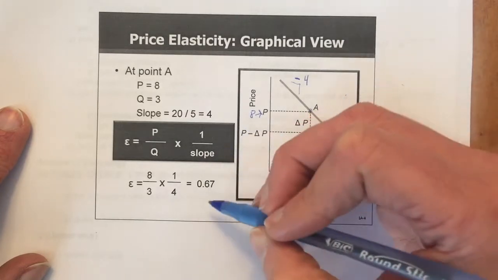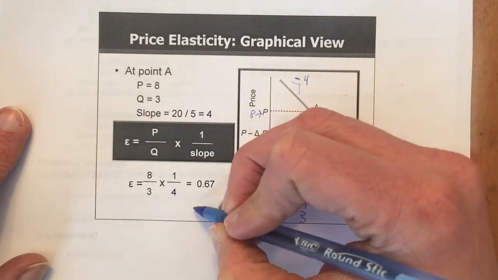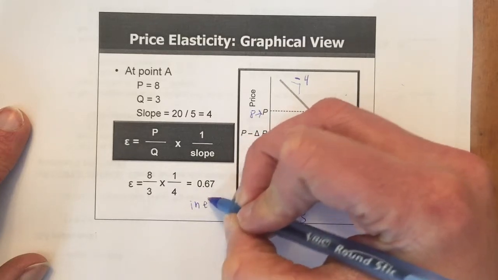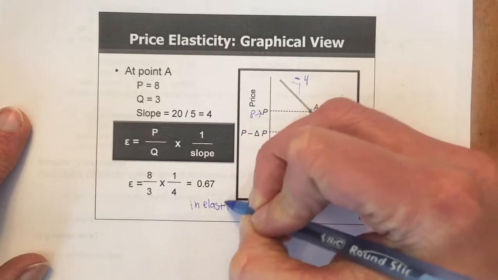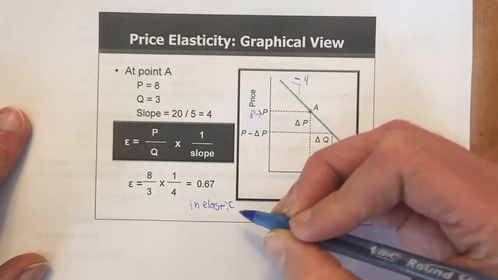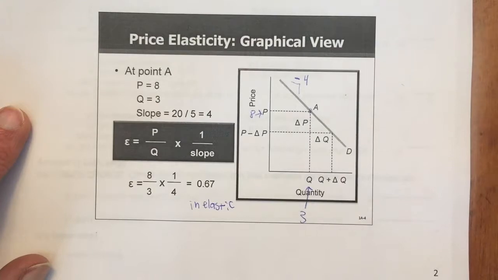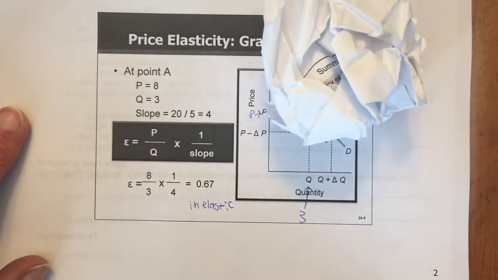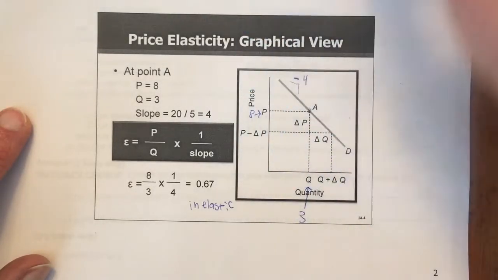And if you remember, an elasticity of less than 1 we call inelastic. So for this good, an elasticity of 0.67 is an inelastic good, like paper, where the quantity demanded does not change much with the change in the price.